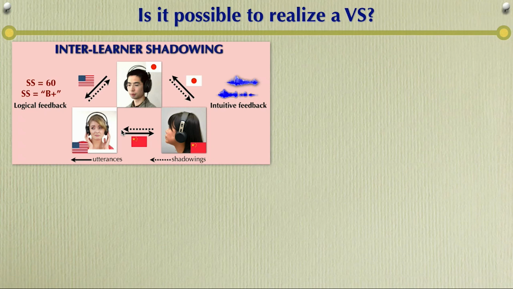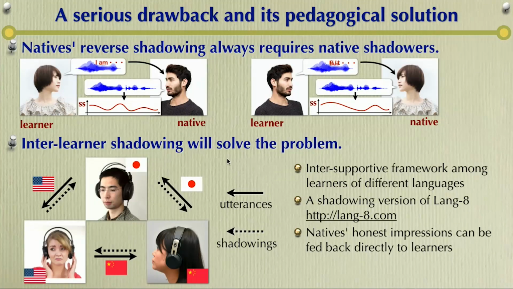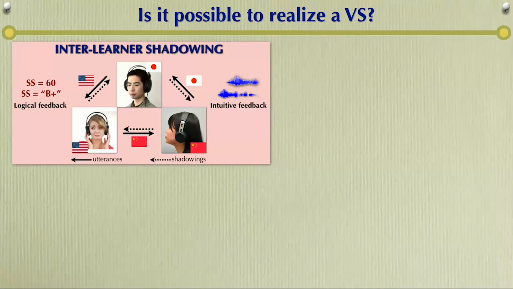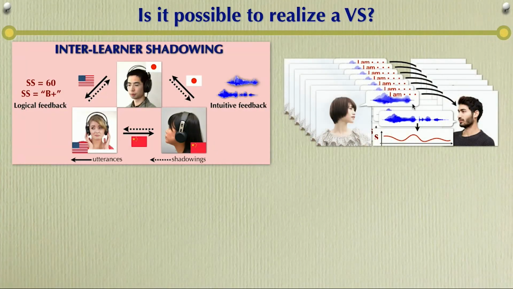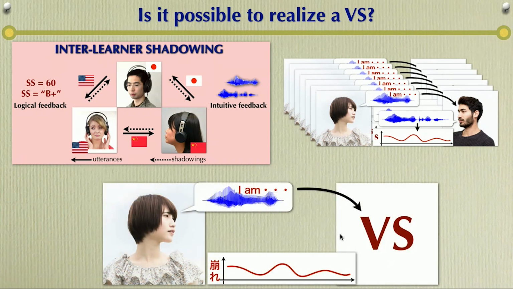Native speaker shadowing can be viewed as annotation. Shadowability sequence, like this, is a comprehensibility annotation, right? So by collecting these data, finally, we want to build a virtual shadower. So this is the data collection framework to build a virtual shadower.